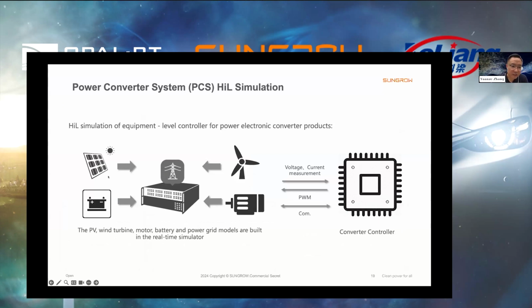We build these models like PV, battery, and wind turbine in our real-time simulator, and we connect their converter controllers to the OPAL-RT system via I/O and communications. Then we can run the whole system in a closed loop. That's the first type of simulation we normally do.